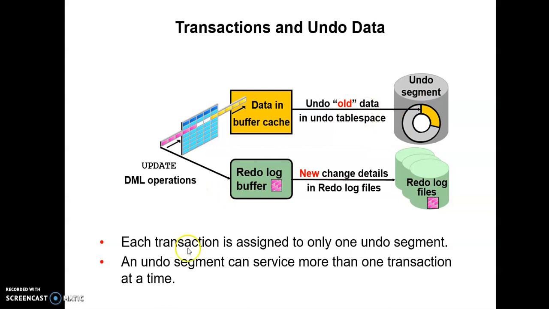An undo segment can service more than one transaction at a time. You can imagine that each segment can consist of more than one transaction at a time.